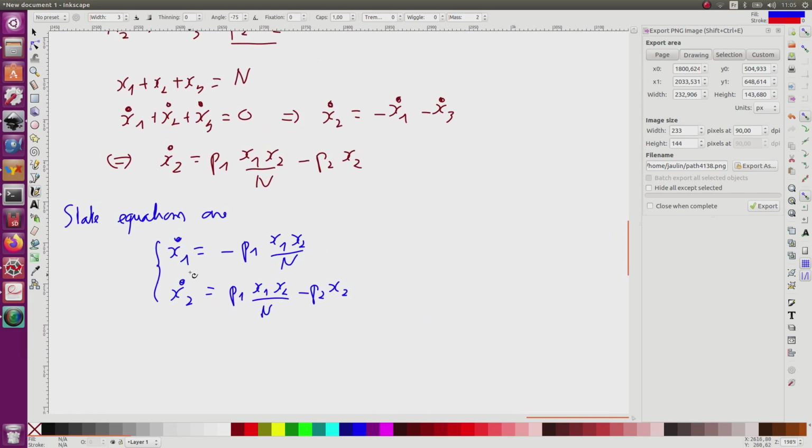Recall that indeed the state variable should be independent. Moreover, it is a state equation, because if I put x equal x1 x2, then I have here an equation of the form x dot equal f of x, where f of x corresponds to this.